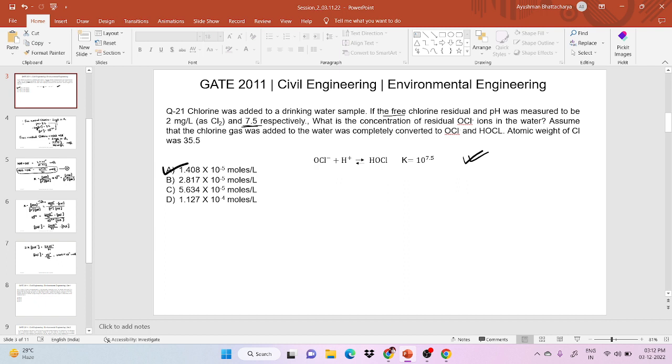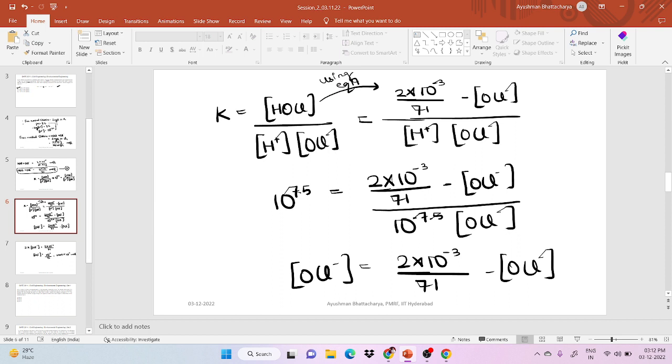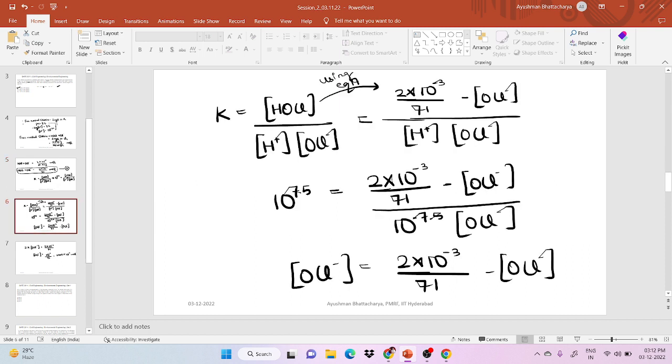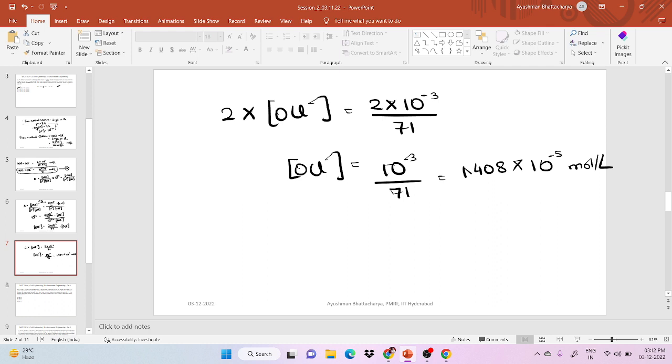Using the value of the dissociation constant K, we write the equation as the product HOCl divided by the multiplication of the reactants H+ and OCl-. Then using the above value, we converted HOCl in terms of OCl-. Then we use the data given for the dissociation constant, and using that we calculated the OCl- concentration, which came out to be 1.408 × 10^-5 moles per liter.